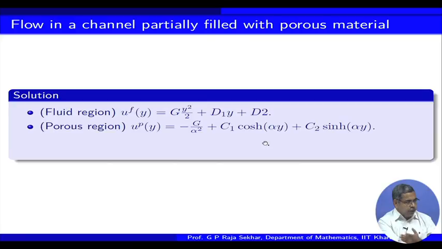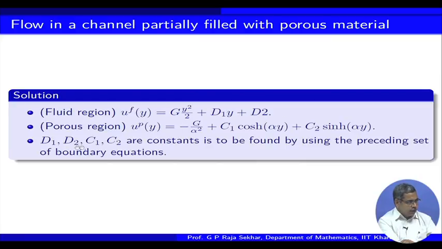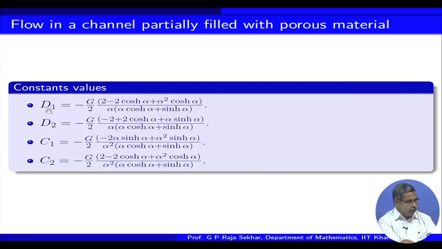And already for the unidirectional fully porous channel we have seen the solution depends on the Darcy number or alpha, and we get hyperbolic functions. So, the corresponding solution is given. We have to eliminate d 1, d 2, c 1, c 2. These are the constants we have to eliminate.